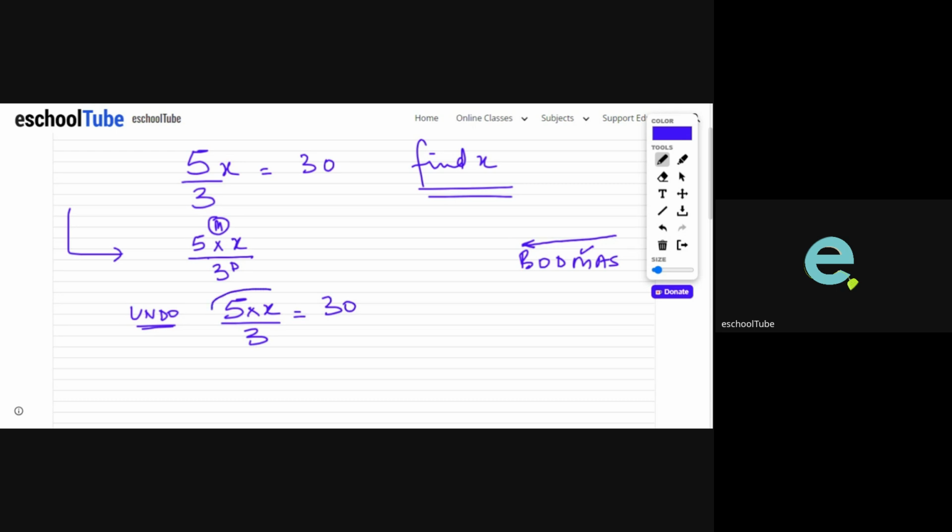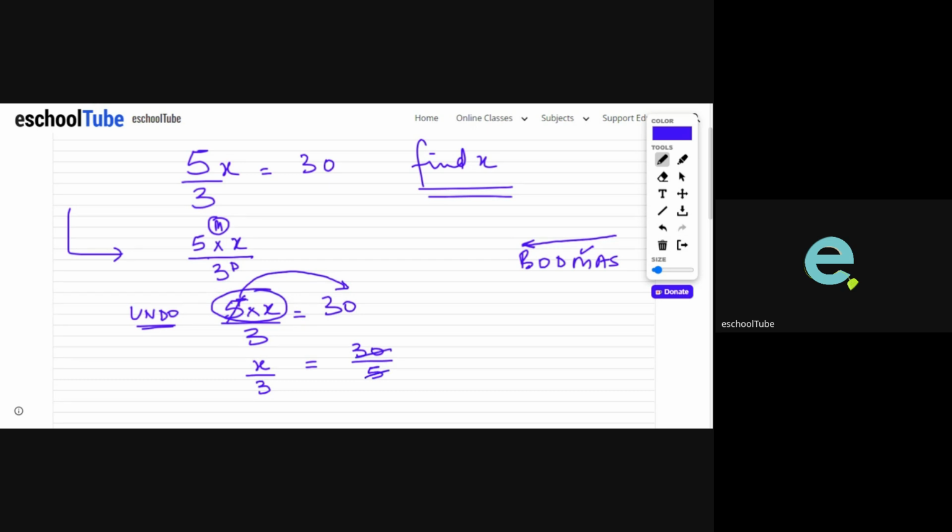Now this 5 which is being multiplied, if you take it here, this will be divide. And what will be left on the left side? x upon 3. Because this 5 you have taken on the right side.